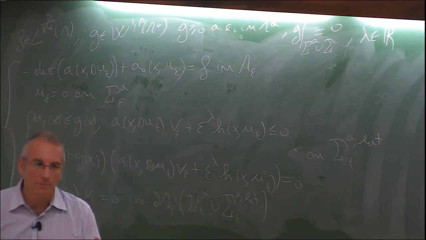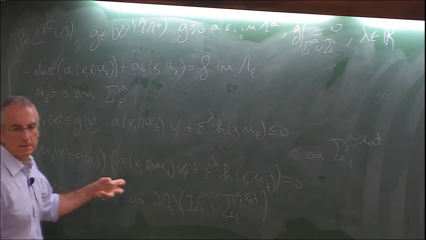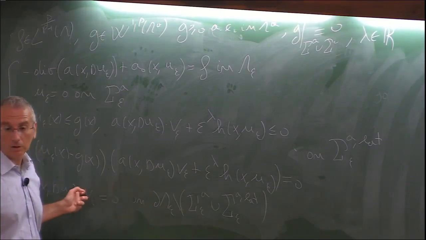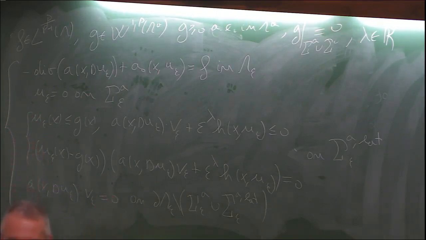But we don't know where we have the Dirichlet boundary condition and where we have the Neumann boundary condition. In general, we have this on this. Not both, because the problem could be not well posed, as you have seen in the beginning of this course.